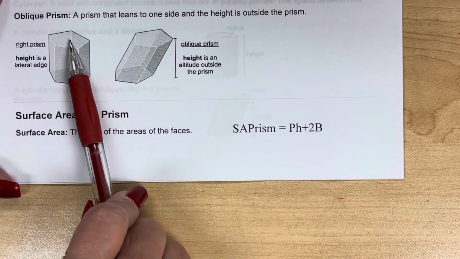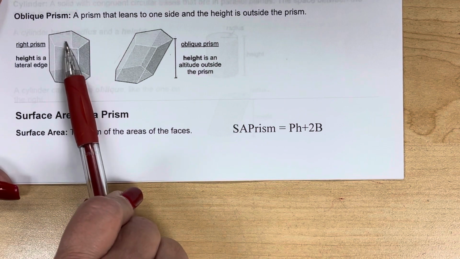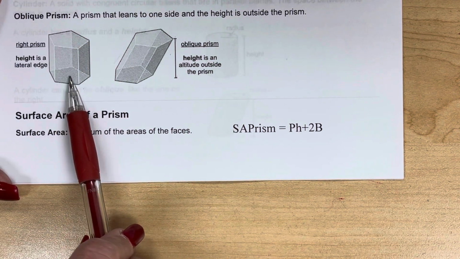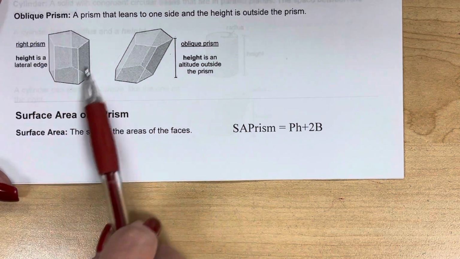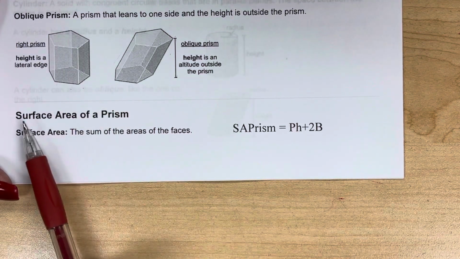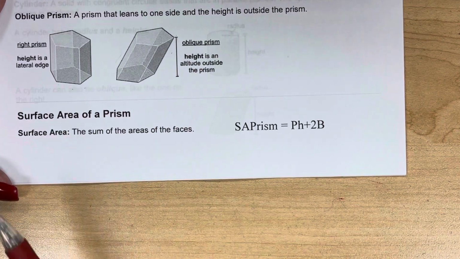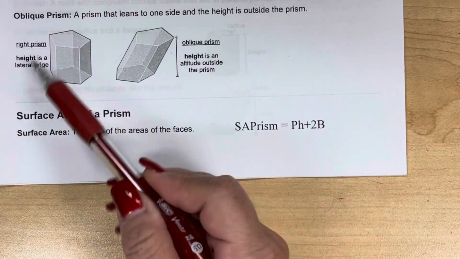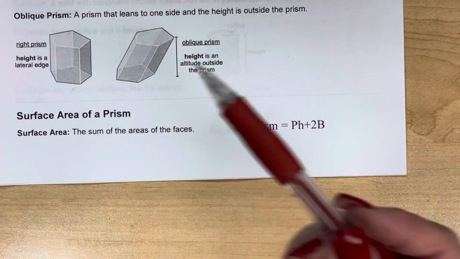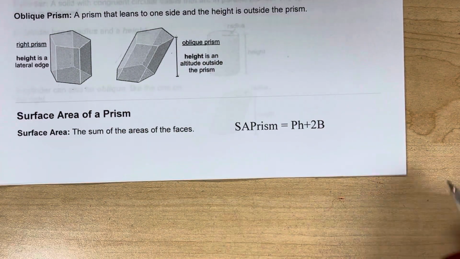Then you would find the area of the pentagon on the top, and then the area of the pentagon on the bottom, and then you would add them all up, and that would give you the total surface area, okay? So you're finding the area of all of the faces. So that's one way to do it.